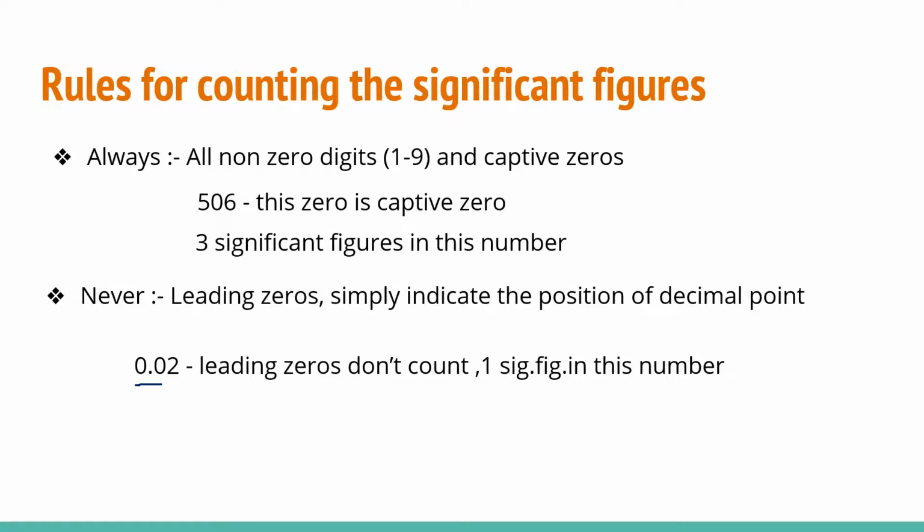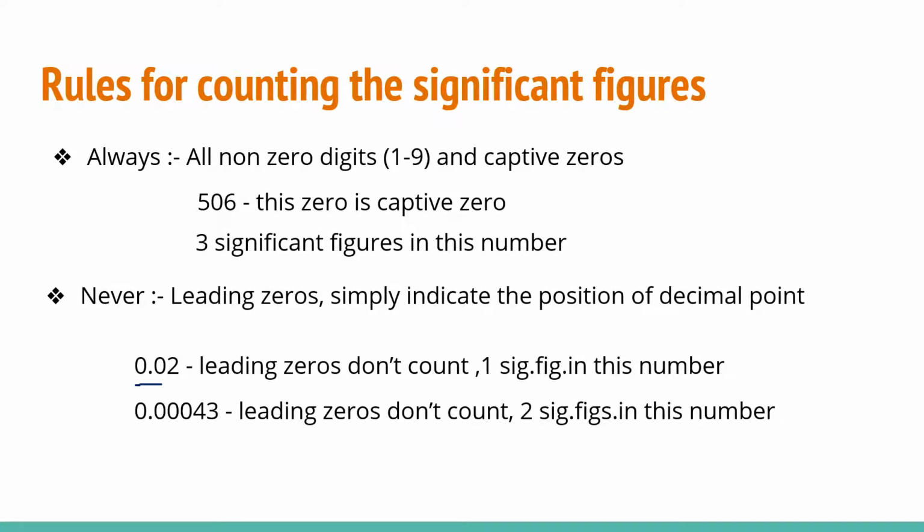They won't be counted. So there is only one significant digit in this number. Similarly, in 0.00043, these zeros are the leading zeros, they don't count. So there are only two significant figures in this number. So the second rule is leading zeros are never significant. They simply indicate the position of the decimal point.